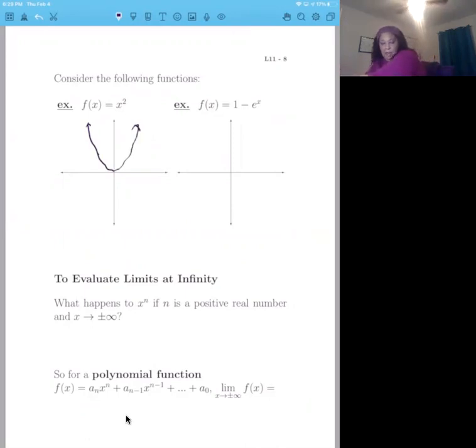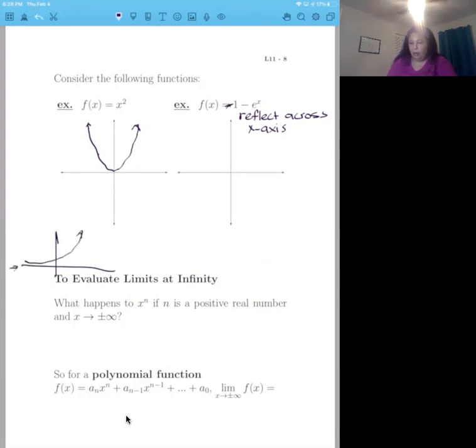And then we have 1 minus e to the x. If I have a negative sign in front of e to the x, then that is a reflection across the x-axis. And this 1 means that I shifted up 1. Now remember, if I was just graphing normal e to the x, I have an asymptote here at y equals 0.